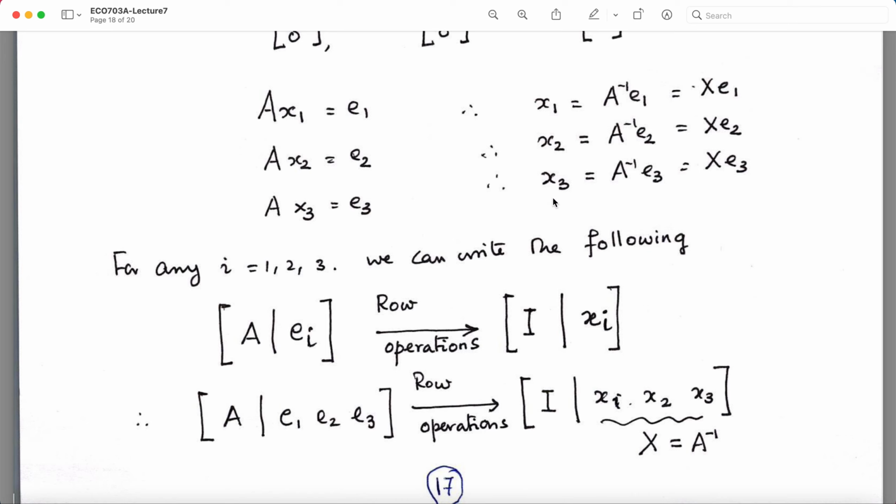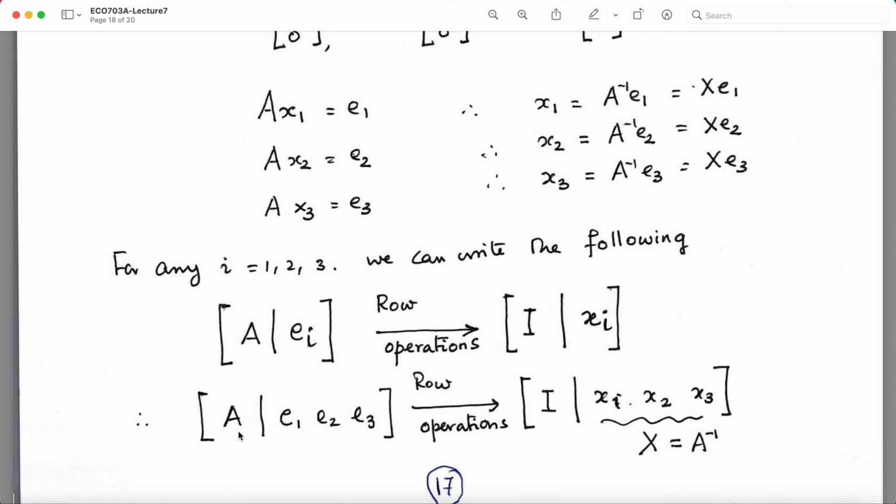So what one can do is augment this whole matrix now. You have done these row operations to get [I|X]. On A, the row operations will not change. To make A to I, it does not matter how many of E1, E2, E3 will be there.